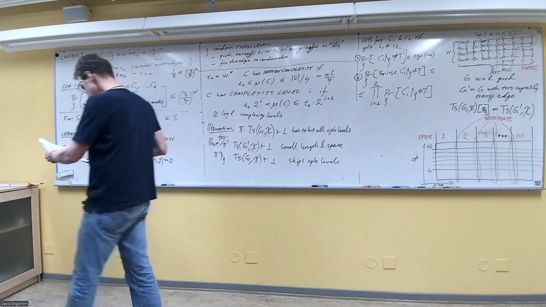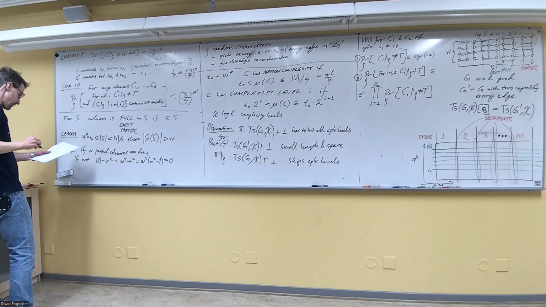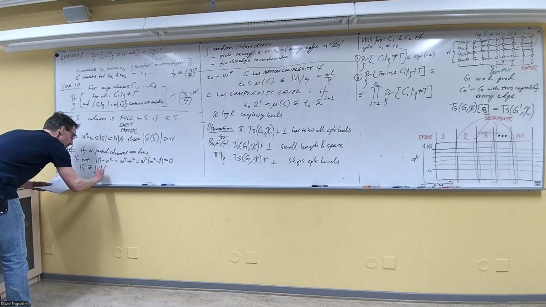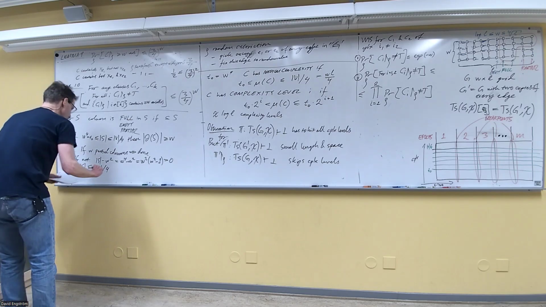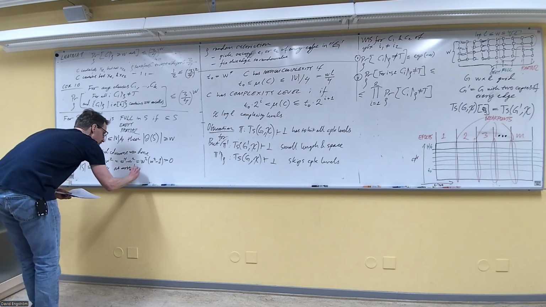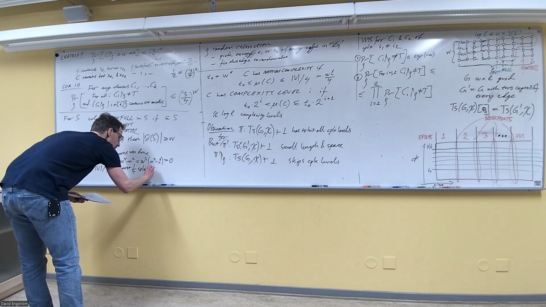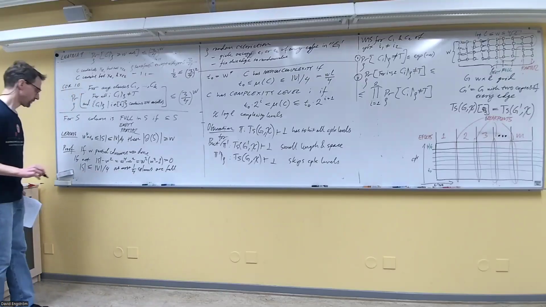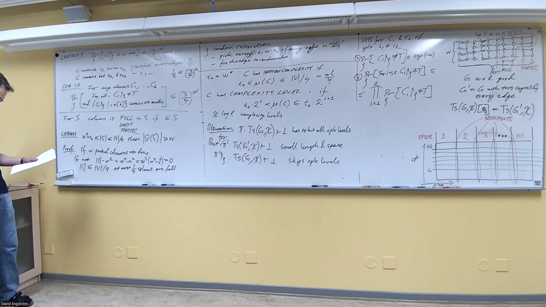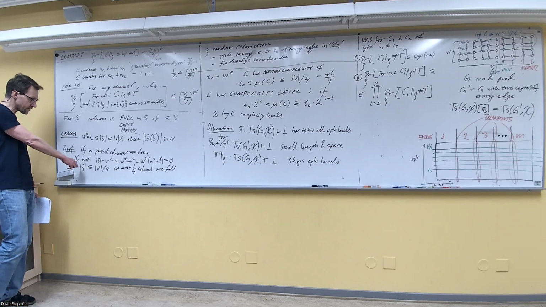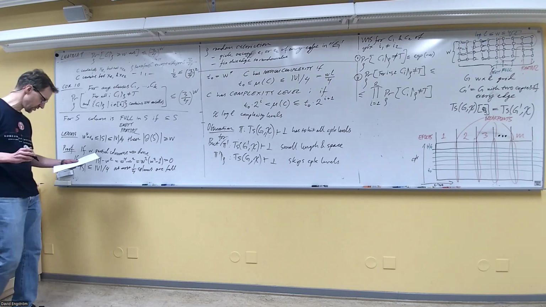And now I just say that, well, since S is less than size of V over 4, at most a fraction 1 over 4 of the columns are full. Like a very crude bound. I'm basically ignoring, this is like the number of columns that S can mention.